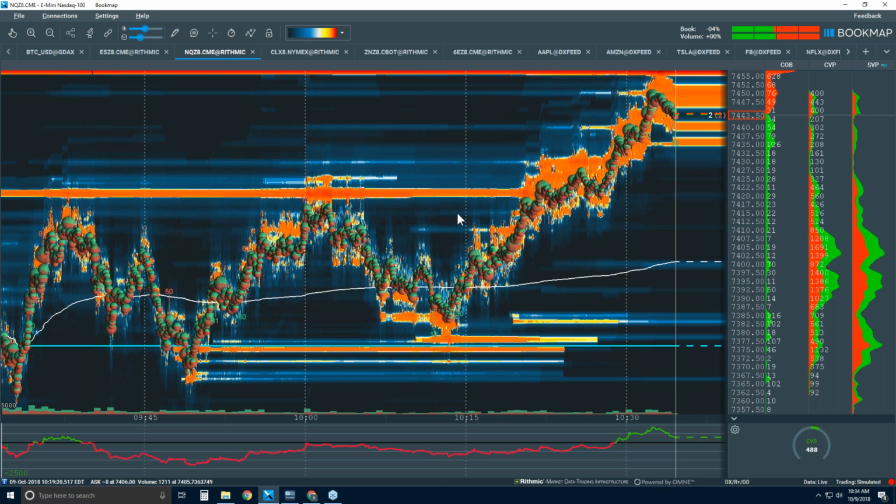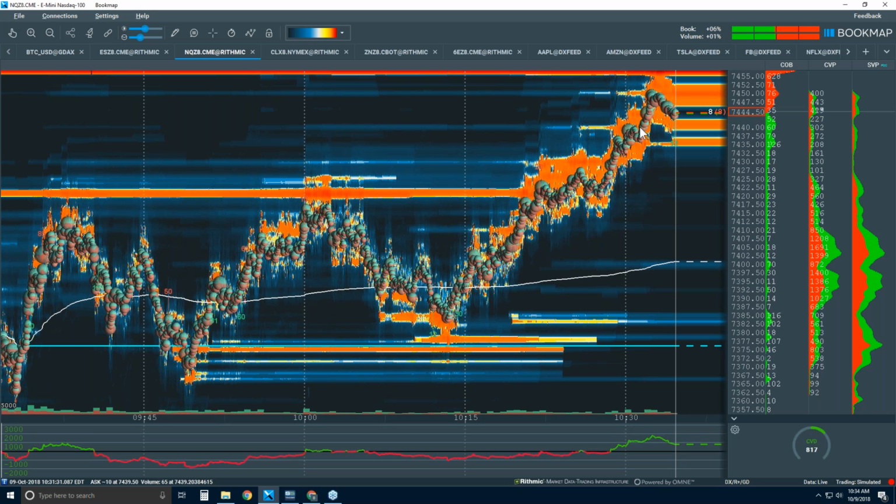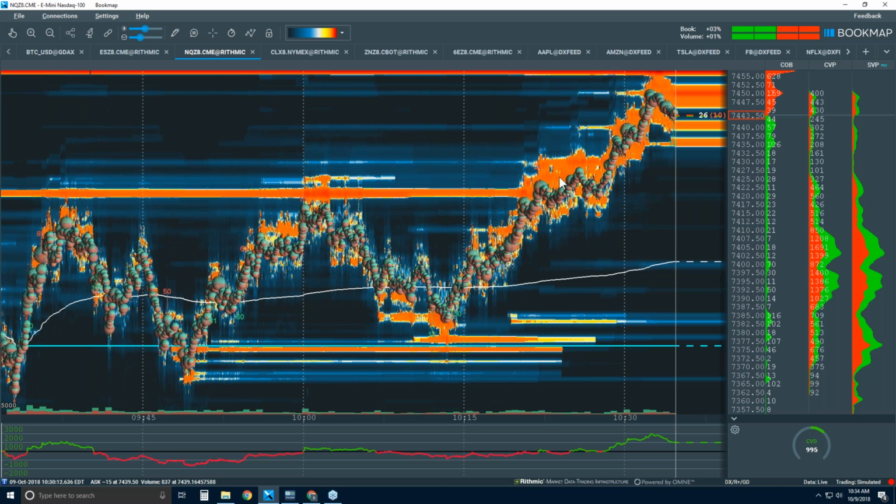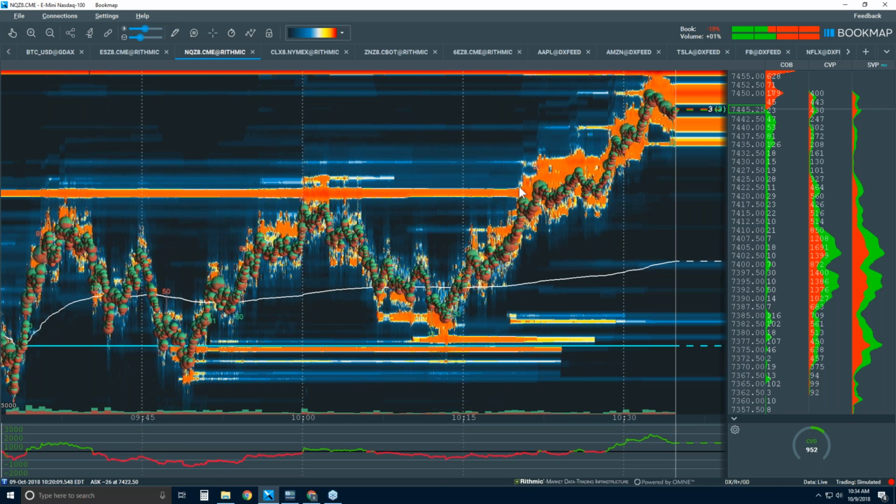Well, look at the volume here picking up. Who's in control? There's no question about it. This is a very powerful move, and we have broken out of this range. This is what's required to get outside of those ranges. Okay, lots of big volume here, a lot of buying, and the buyers are certainly in control.